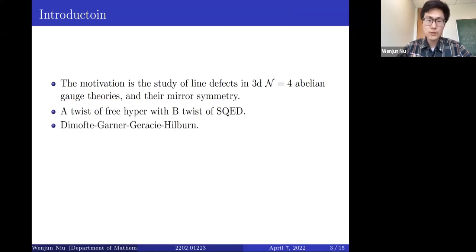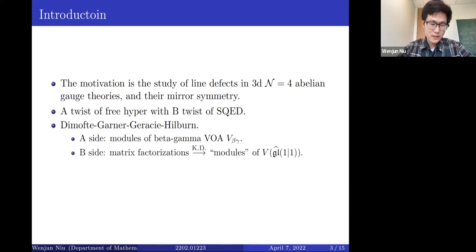The description of the category of line operators is in the work of Dimofte, Garner, Geraghty, and Hilburn, where they gave the biggest possible definition in terms of algebraic geometry, and translated into VOAs. On the A side, the category looks like modules of this beta gamma VOA.